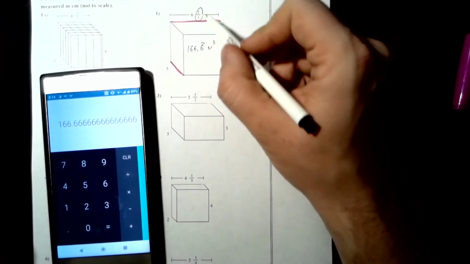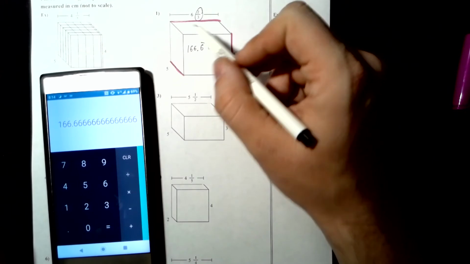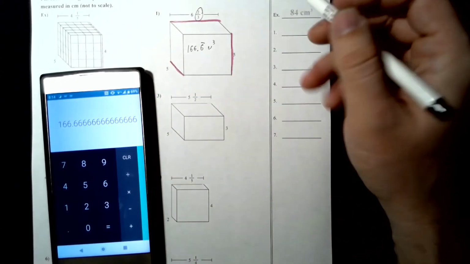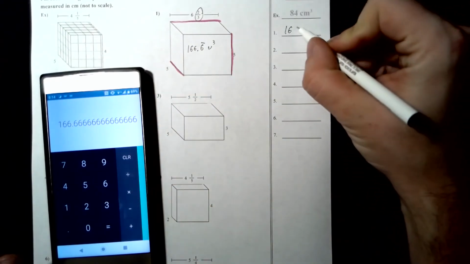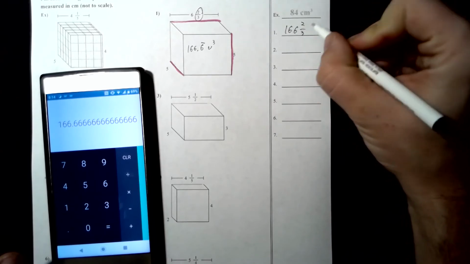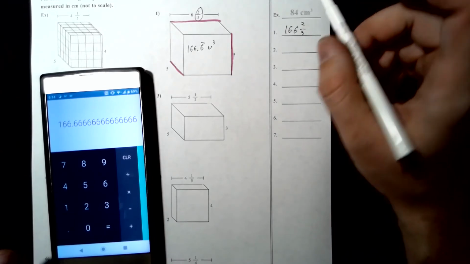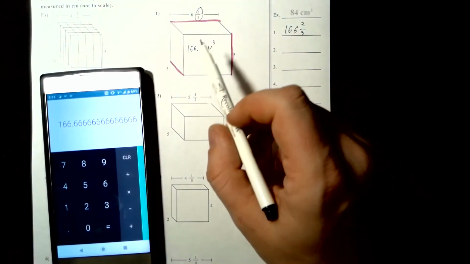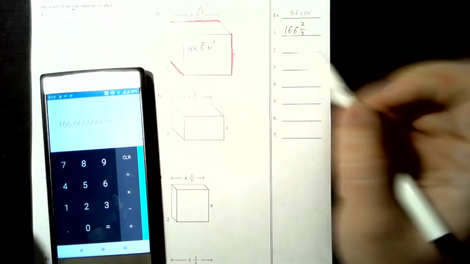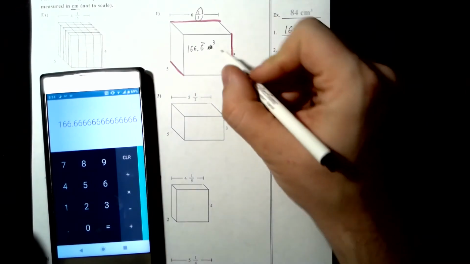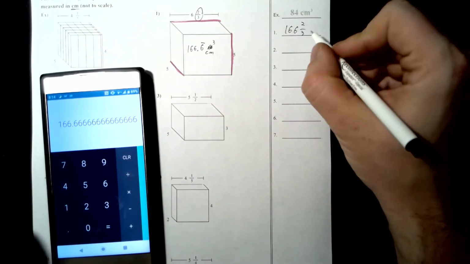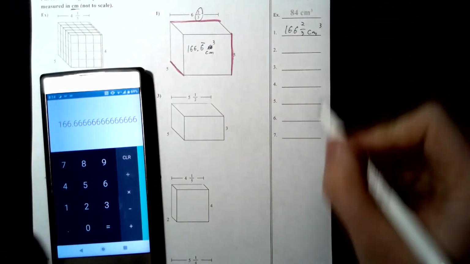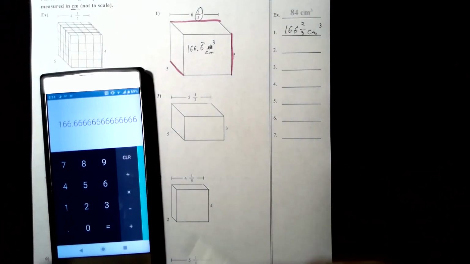However, if we think back and remember that 2/3 was the same as 0.6 repeating, we can go ahead and write it as 166 2/3. And I should have read the directions a bit better. Each prism unit is actually measured in centimeters, so it's not units cubed. This is centimeters cubed. And that's how number 1 is done.